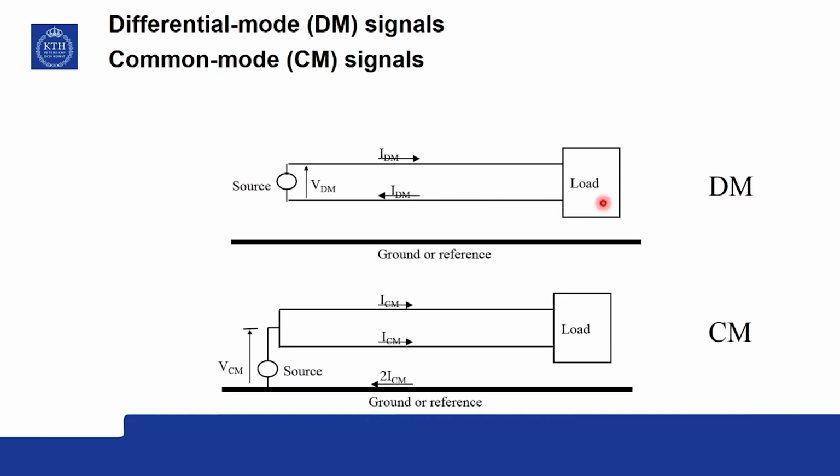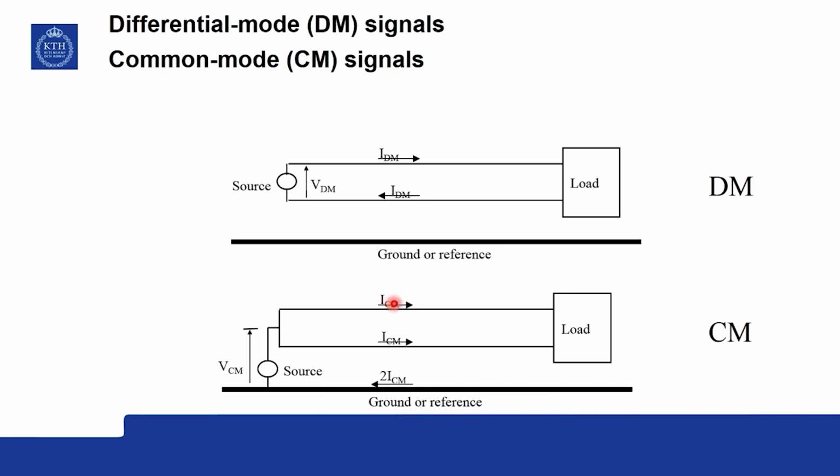You can have parasitic elements, parasitic capacitance here or some other connections, and it can drive some currents through these lines, through the ground and back into this. So, it is as if you have a fictitious source here. I mean, this action of the electric and magnetic fields can be modeled as a fictitious source that is driving a common mode current through this and back through this.